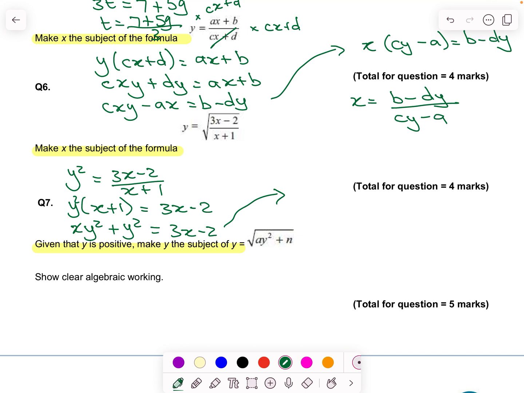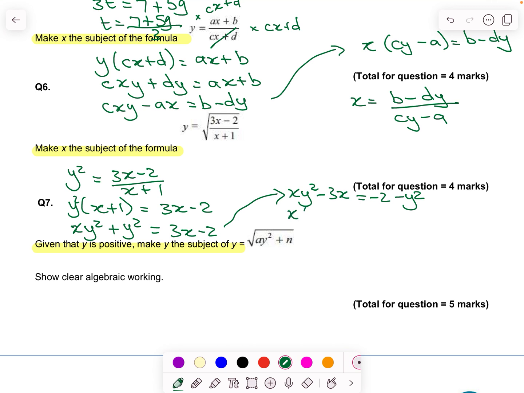I'll do it up here. Everything with x in it, put it onto one side. So here I've got x y squared minus 3x equals, and I put on the other side anything that doesn't have an x with it. So minus 2, take away y squared goes on to the other side. Then I'm going to factorise.